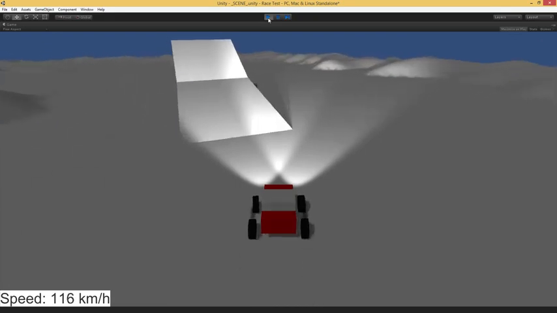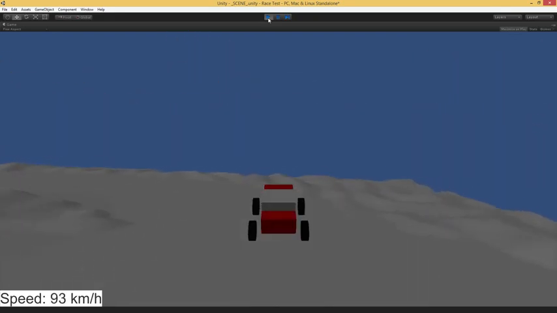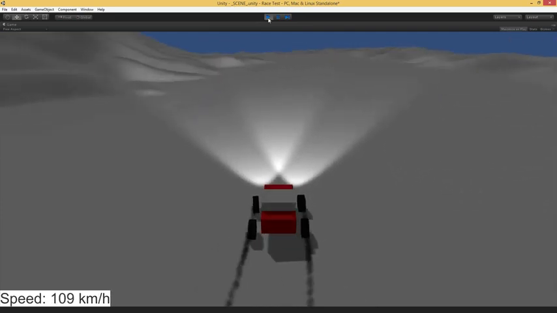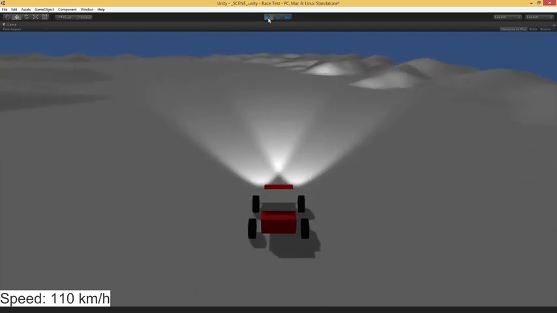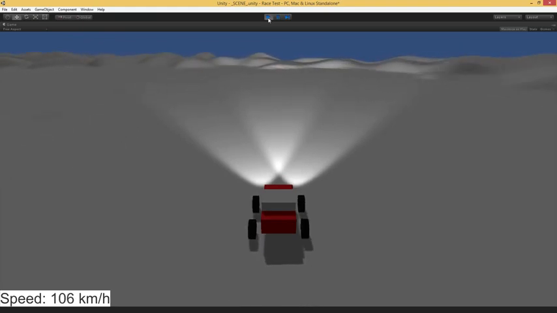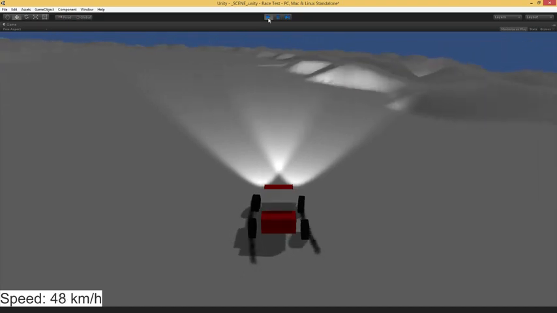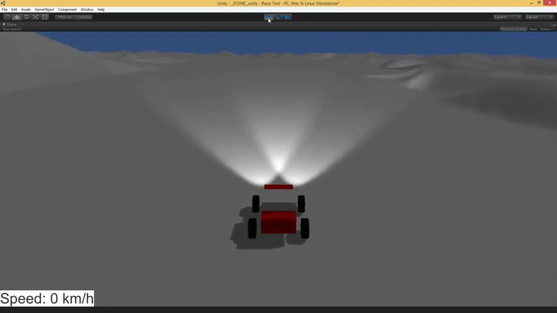So it's almost like there's no gearbox. The engine is directly connected to the wheels, which is of course not entirely realistic. What else? I thought there was one more thing, but I can't remember what that is. Yeah, I'm sure we'll run into it when we get into the script.